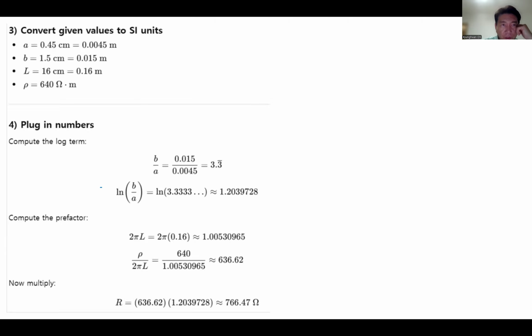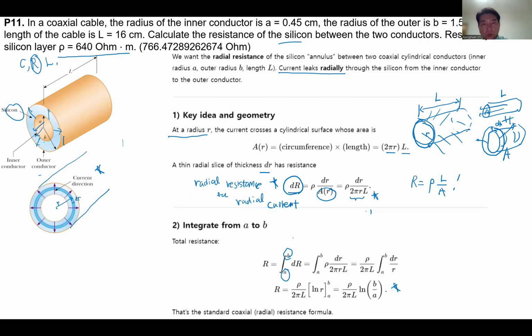A and B are given in meters, L is given in meters, and R is given as this. So the key point is that the current is flowing radially from A to B, and the resistance is given by this, but in this case, A is the side area of a cylinder, and L is the infinitesimal distance where the current is flowing.